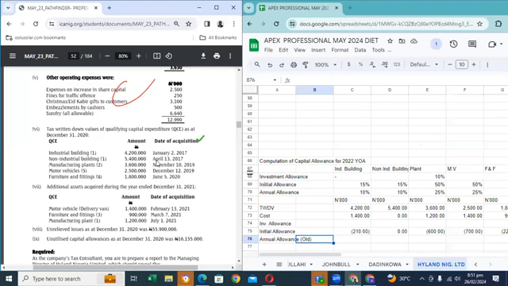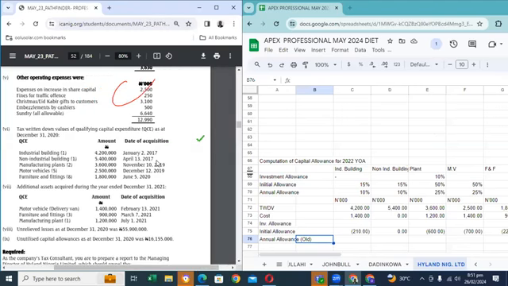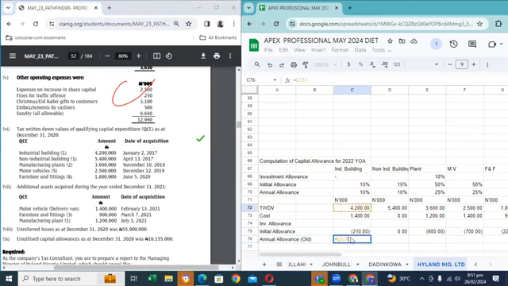And this is 2022. So it means it has used 4 years, and it is remaining how many years? 6 years. So that's going to be 4,200 divided by 6.